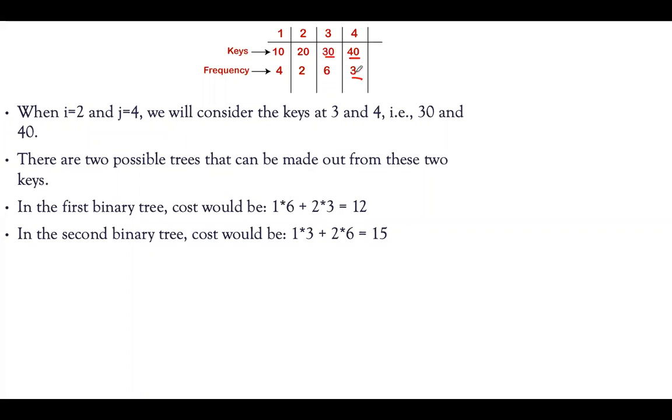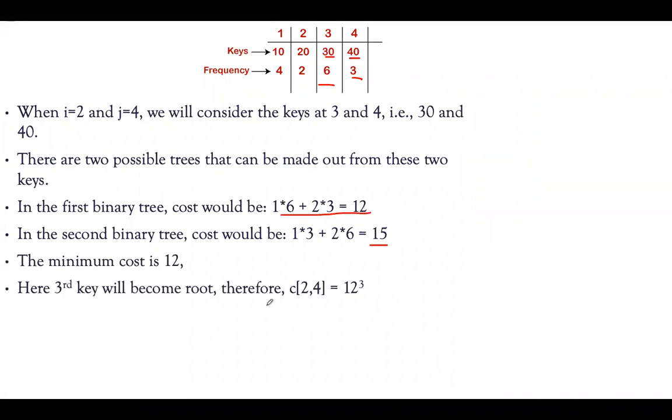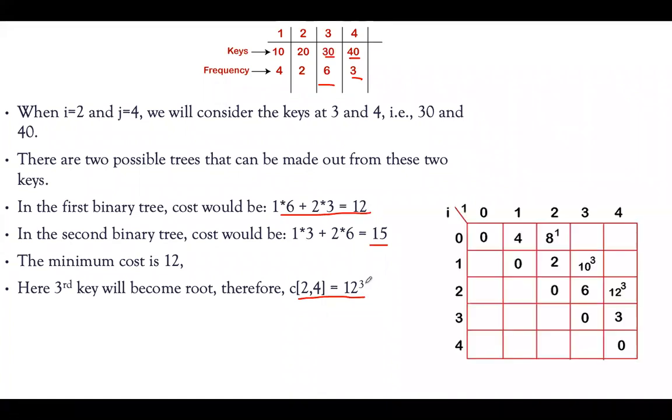So 1 into 3 plus 2 into 6. Cost is 15. Again, we can see that when you take 30 as the root, cost will be minimum. So we'll consider third key to become the root. C of 2, 4 is equal to minimum cost is 12, 12 to the power of 3. Don't call it 12 cube. This is cost 12 and third is the key.